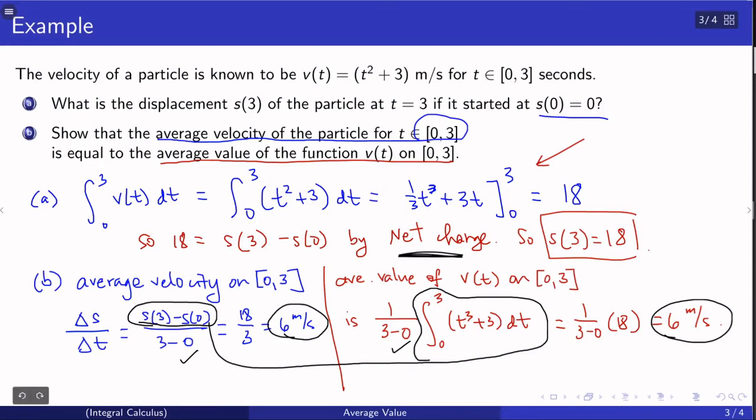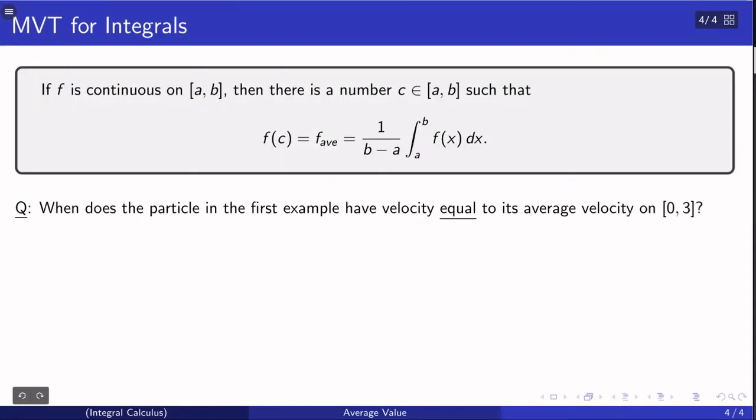And so let me just end here by talking about the mean value theorem for integrals. And you may remember seeing a mean value theorem in your differential calculus course. The idea here is pretty much the same, in that it talks about the existence of a certain number.